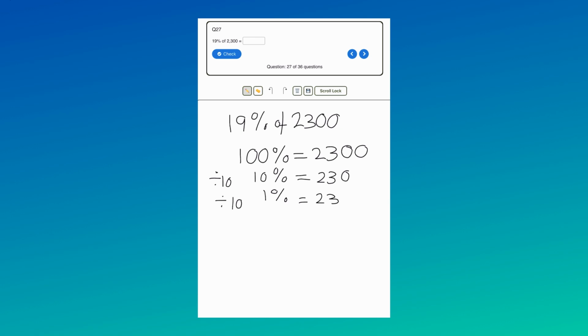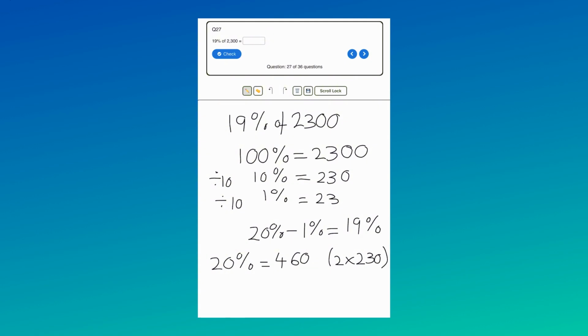Okay, now what I'm going to do is I'm going to say 20% take away 1% is 19%. And I know that 10% is 230, so 20% equals 460, because that is double 230.